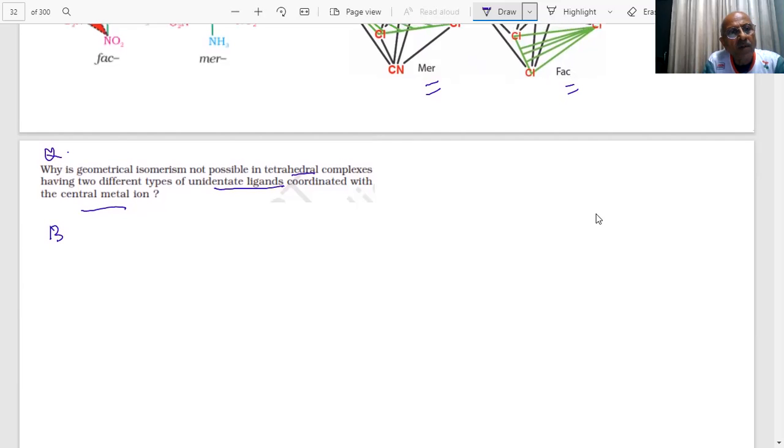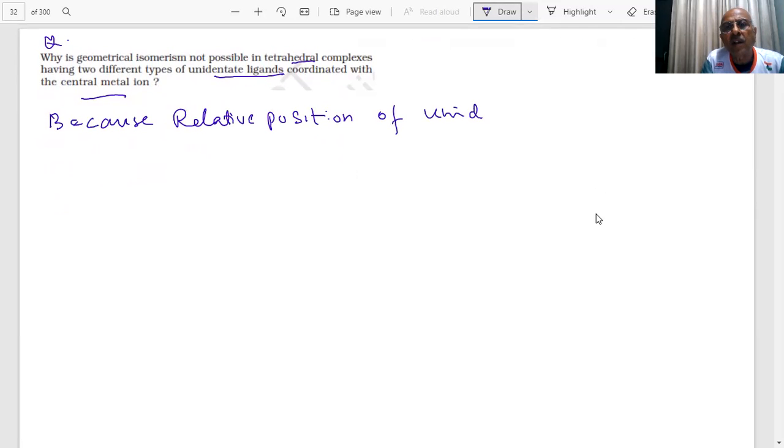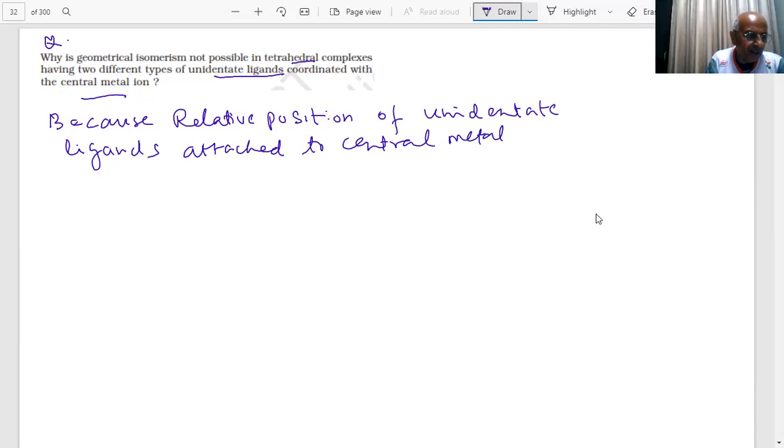Because the relative position of the unidentate ligands attached to the central metal atom is the same. The relative position remains the same, students, because it is the same with respect to each other.